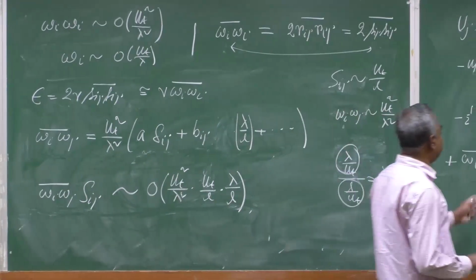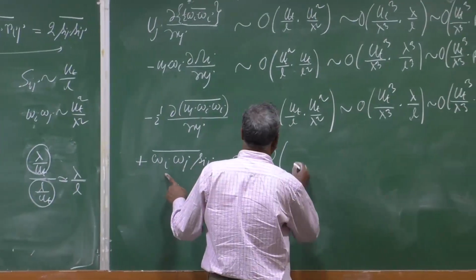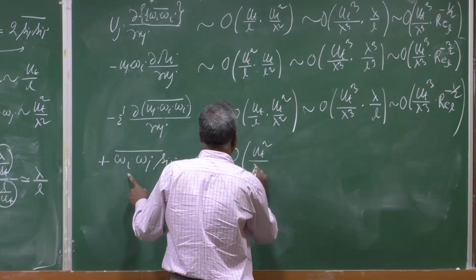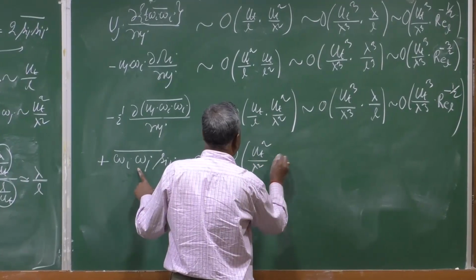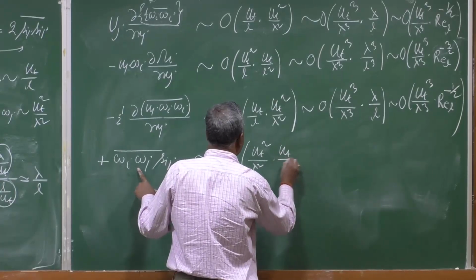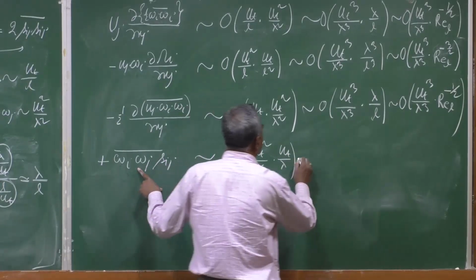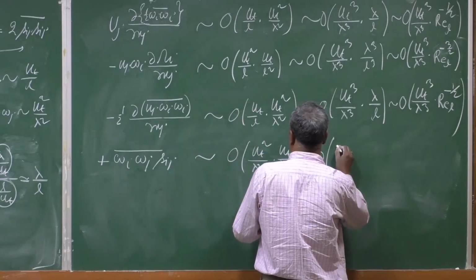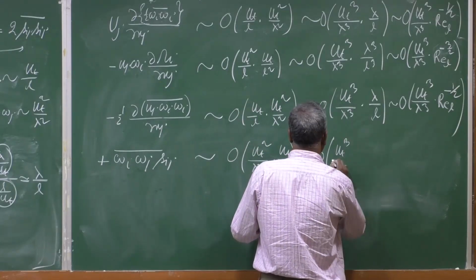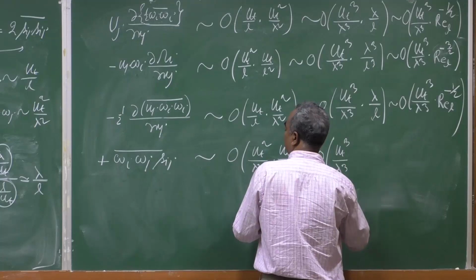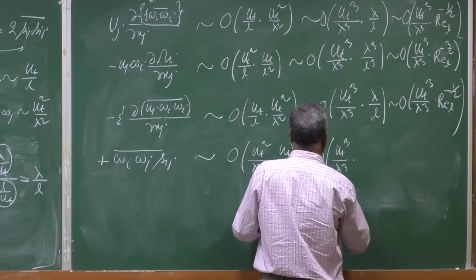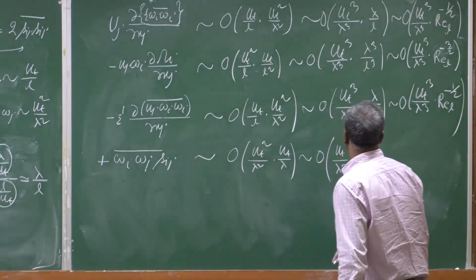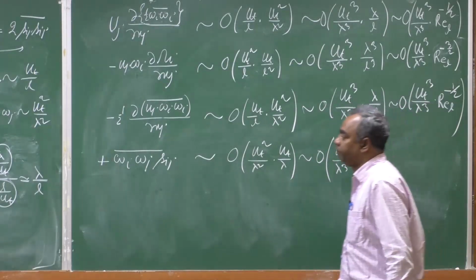So, that means the order of magnitude of this particular term is going to be u_t square by lambda square and this is u_t by lambda. Okay. So, this is going to be your u_t cube by lambda cube into 1. Okay. So, this is what you get for this particular term.